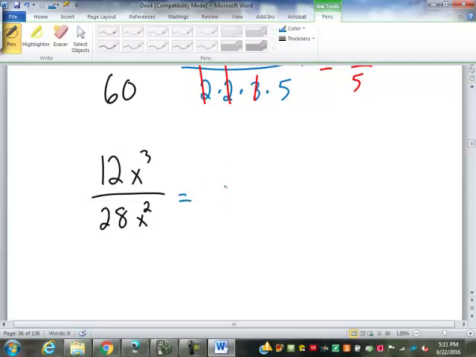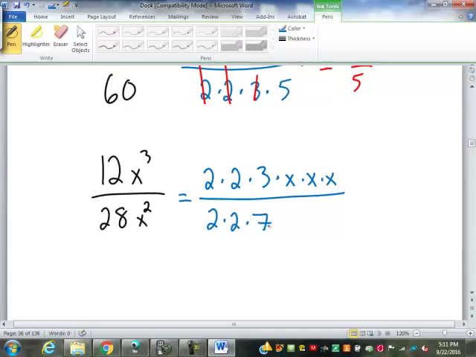If I prime factor, 12 is 2 times 2 times 3, x to the third is x, x, x. 28 is 2 times 2 times 7. Again, if you want to do the factor tree and verify that, I'll let you do that on your own. X squared is x and x.